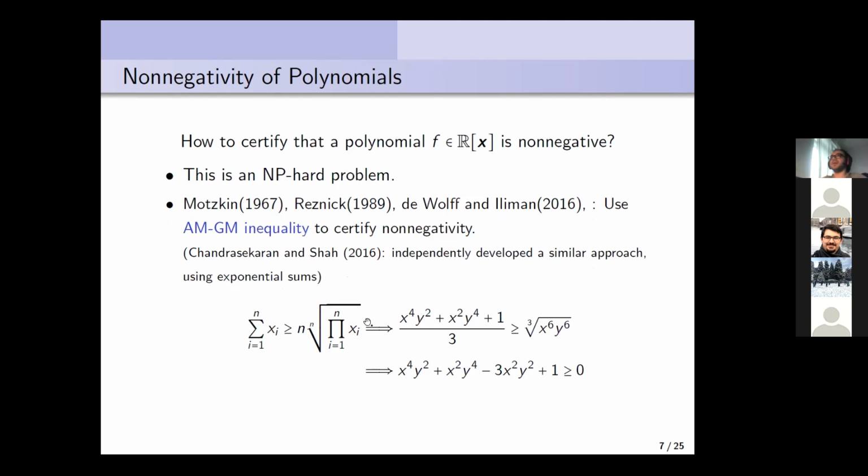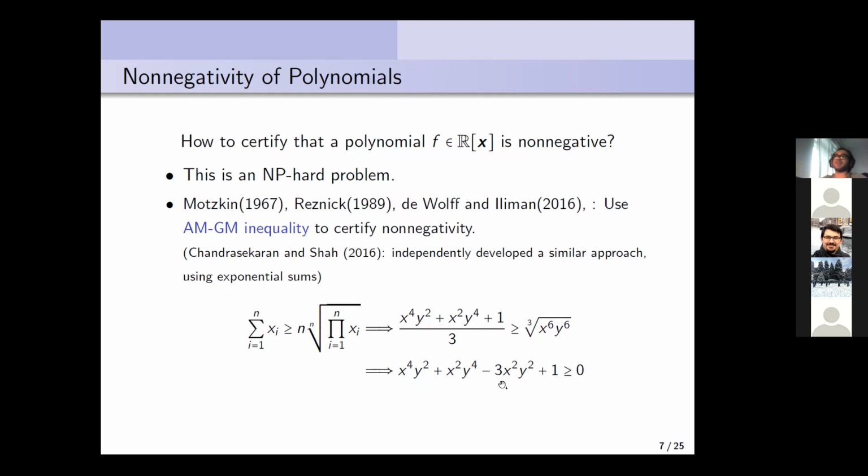For example, if you choose x1 as this term over here, x2 as this term, and x3 as this term, this is the arithmetic mean of three expressions, and this is the geometric mean of these three. If you do the simplifications, you end up with this expression over here, which is a polynomial, and it is non-negative.